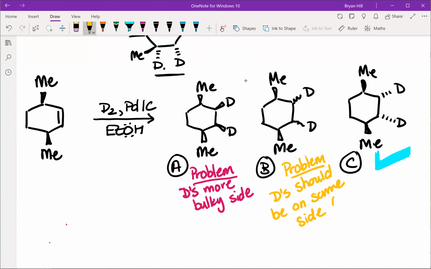So it should be a syn addition, sorry. I think I drew cis before. Yeah, it should be syn. So they're not anti to one another, they're on the same side.